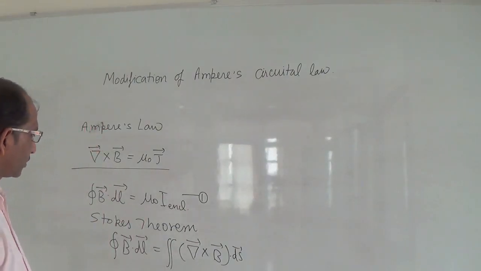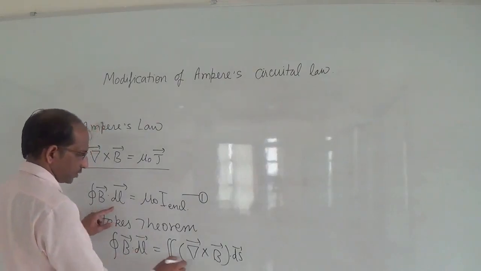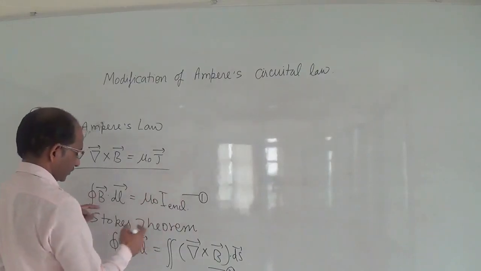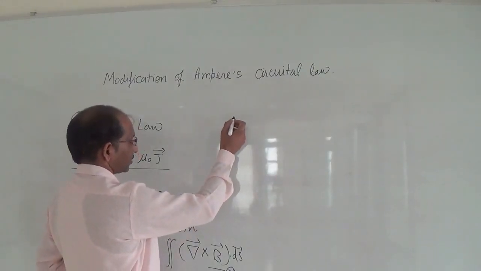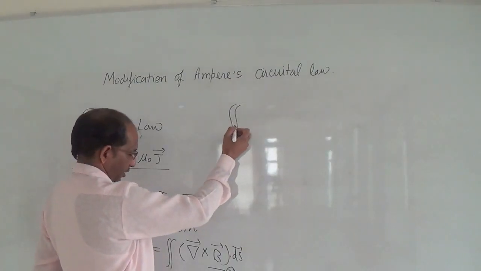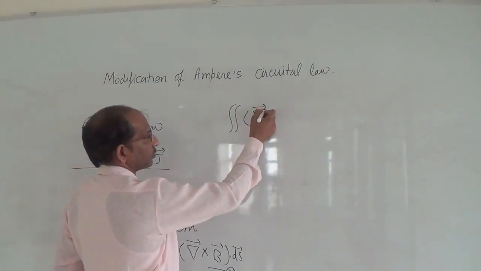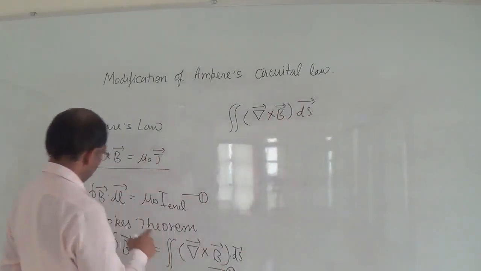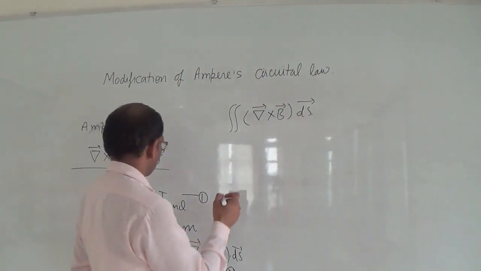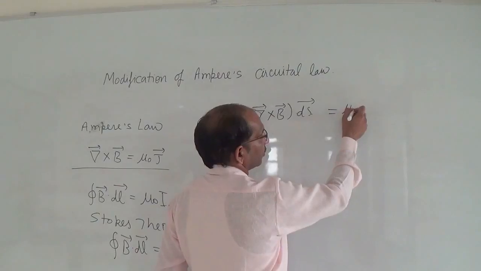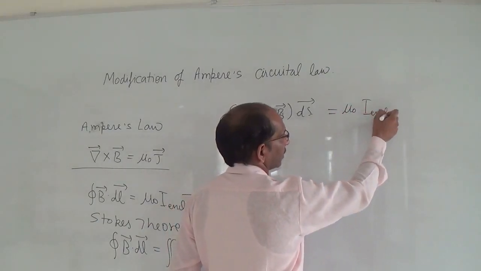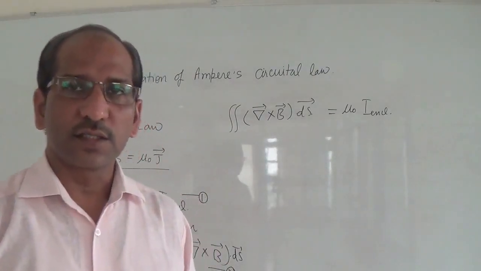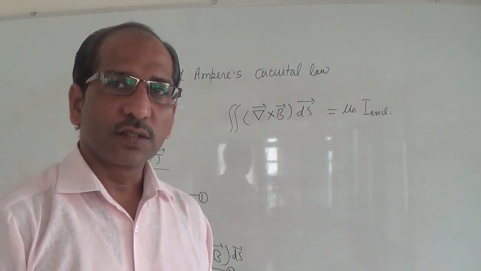If I put the value of equation number 2 into number 1, the left hand side is the open surface integral of del cross B dot ds, equal to mu naught times I, the current which is enclosed. But now I have to modify the right hand side by using the current density.